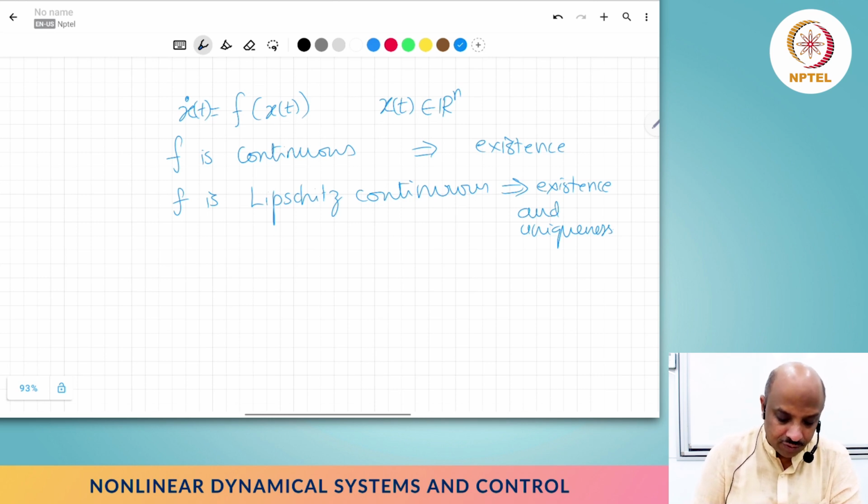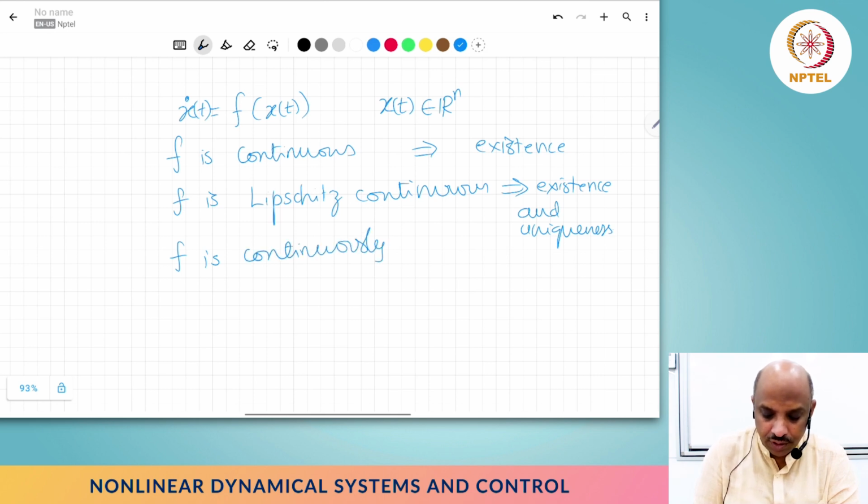But if we want some kind of global guarantees, then we typically assume f is continuously differentiable with bounded derivative, for example, right?